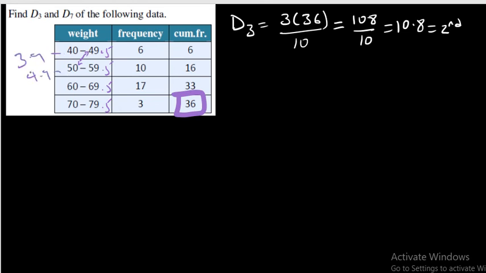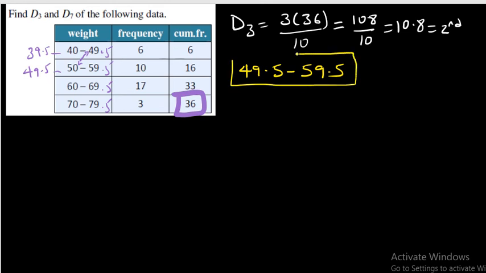It continues in that pattern. So the second class, the third decile class, is 49.5 until 59.5.